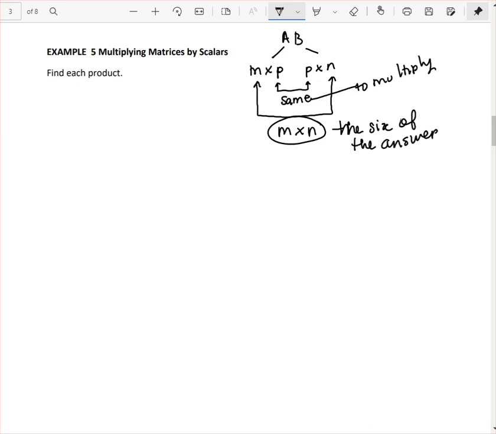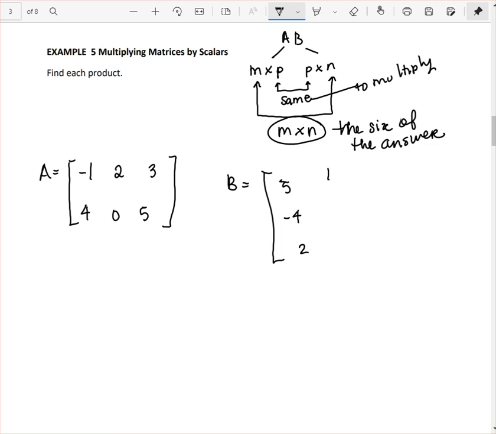So let's take A to be this one, and then B to be this one.